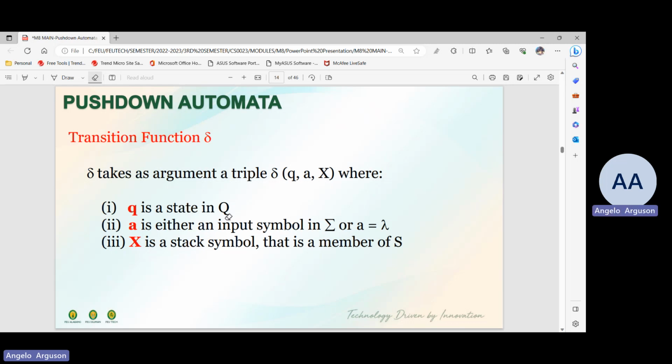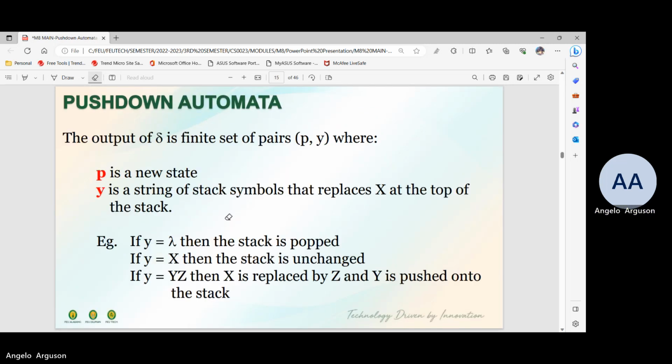X is a stack symbol that is a member of our stack alphabet. Next, the output of the transition function is a finite set of pairs P and Y. So we have ordered pairs here. P is the new state where Y refers to a string of stack symbols that replace X at the top of the stack.